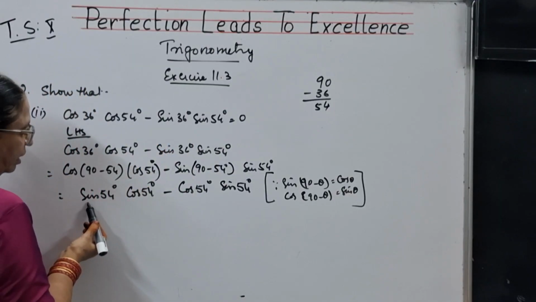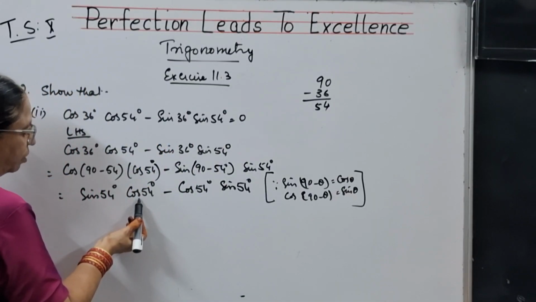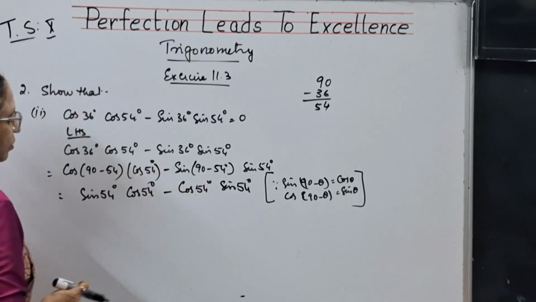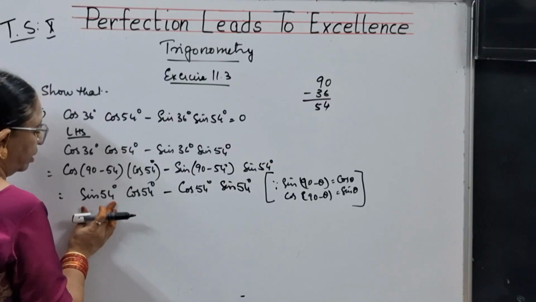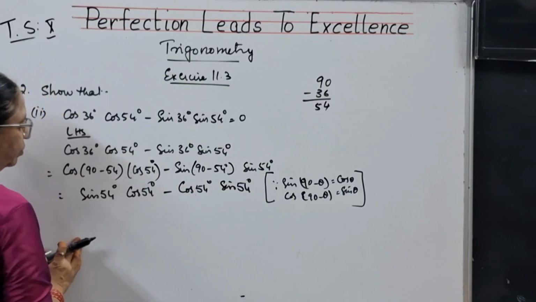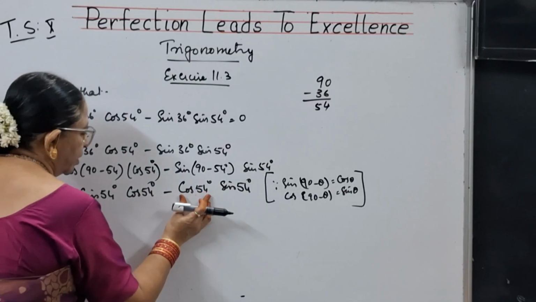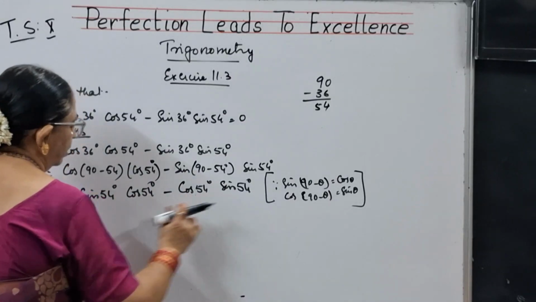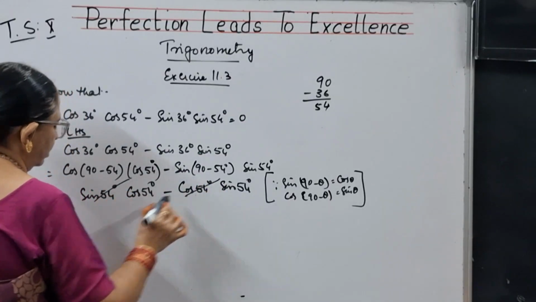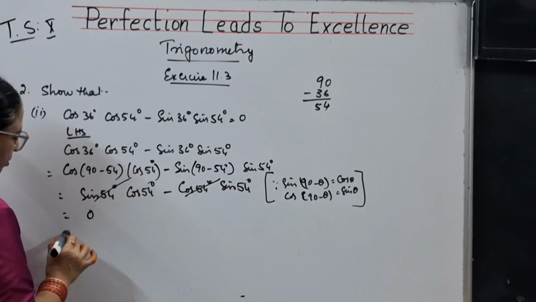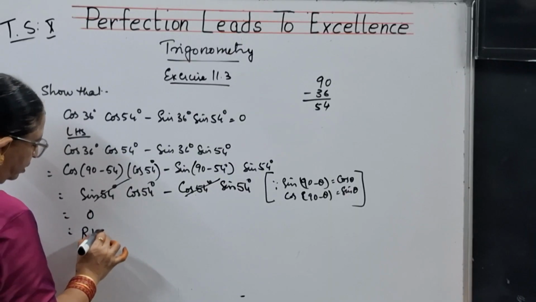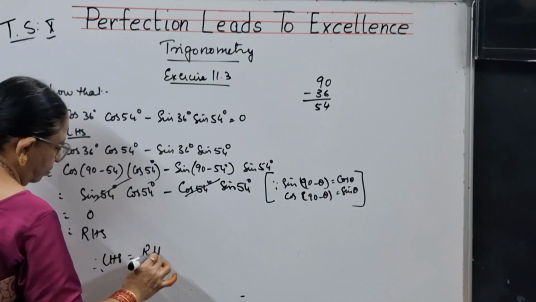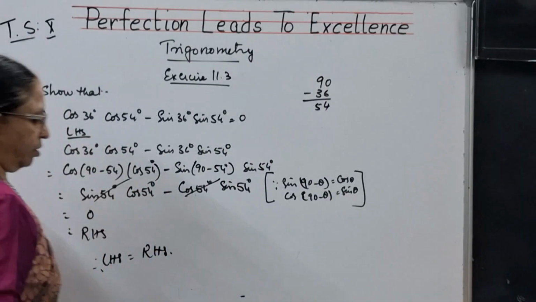See, sin 54 into cos 54 minus cos 54 into sin 54. See, both are the same, no? Sin 54 here, sin 54 here. Cos 54 here, cos 54 here. These are positive signs, these are negative signs. So all these will get cancelled. You are going to get 0.